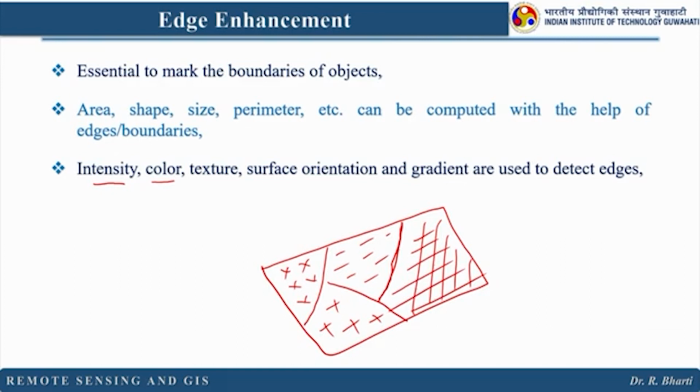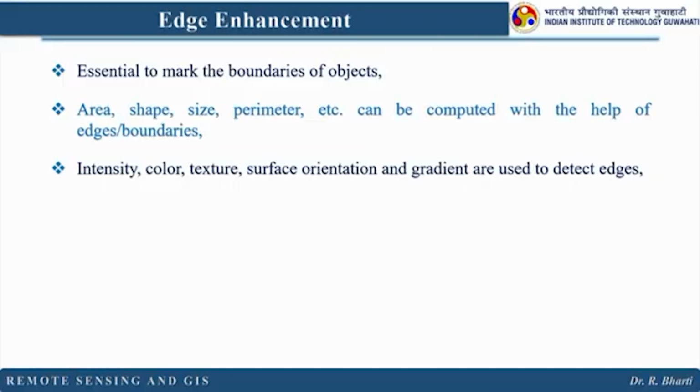And at the same time, surface orientation and gradient. Gradient is one very important concept, because we will be using some gradient detector. That detector will help us to identify these edges, right? So what do we mean by gradient? Gradient magnitude denotes the strength of the edge, right?